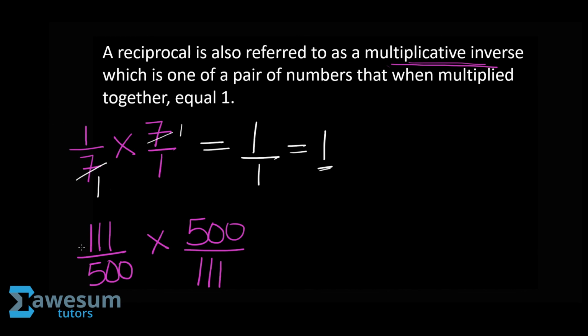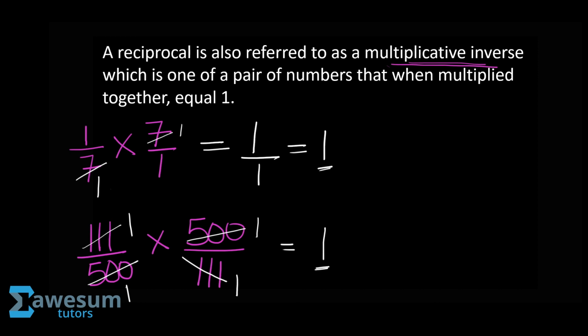So you can say 111 cancels 111, that is 1. 500 cancels 500, that is 1. If you look at this, your final answer is 1 right here. I hope you understand these concepts.